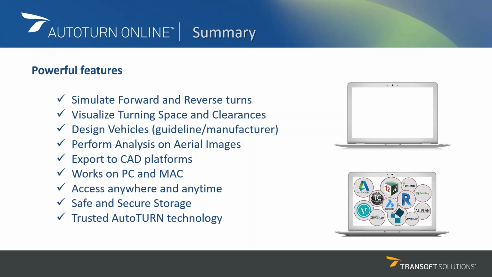The advantage is that you can work either on a PC or on a Mac, and as long as you have an internet connection, you can access your designs anywhere and anytime. Now, all the data that you generate and all the files that you upload are stored in a safe and secure location. And of course, all the simulations that you're performing are generated with the trusted AutoTURN technology.